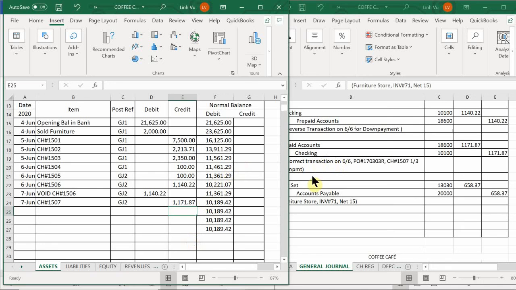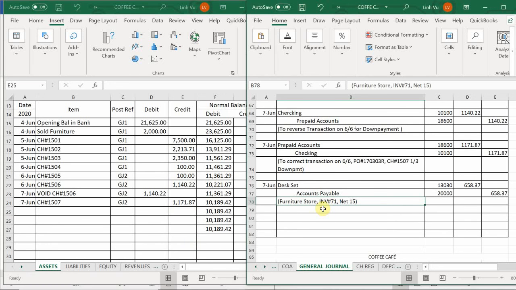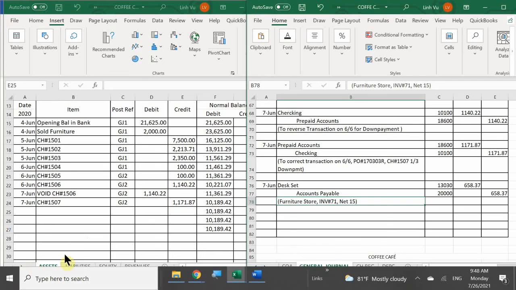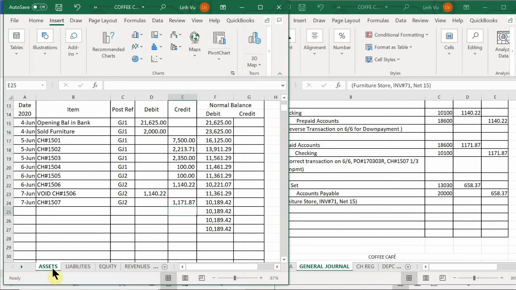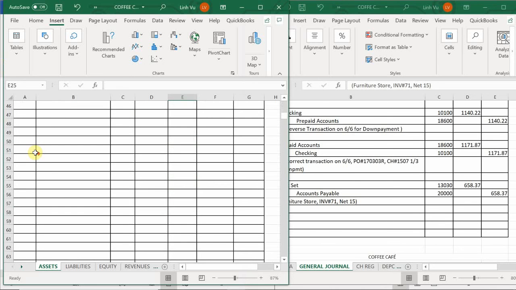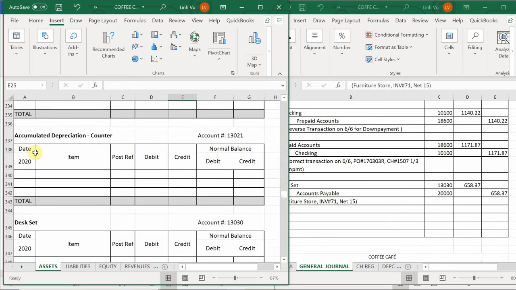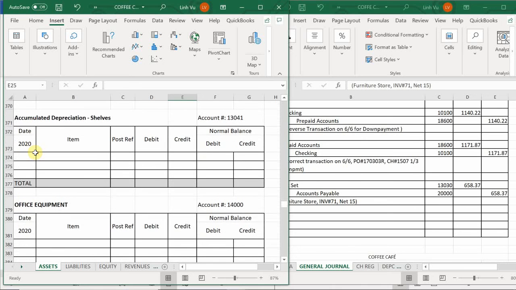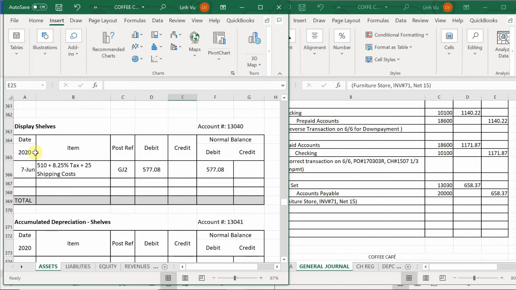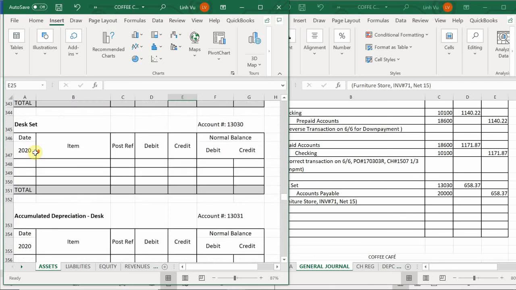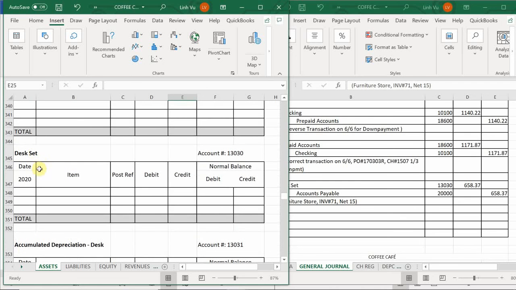Now that we posted, now we finish our journal, we need to post to the ledger. So under assets, we have a desk set. Okay, I found my desk set.